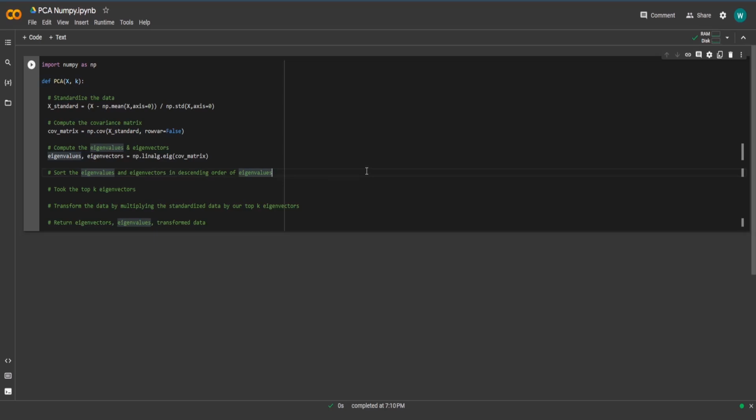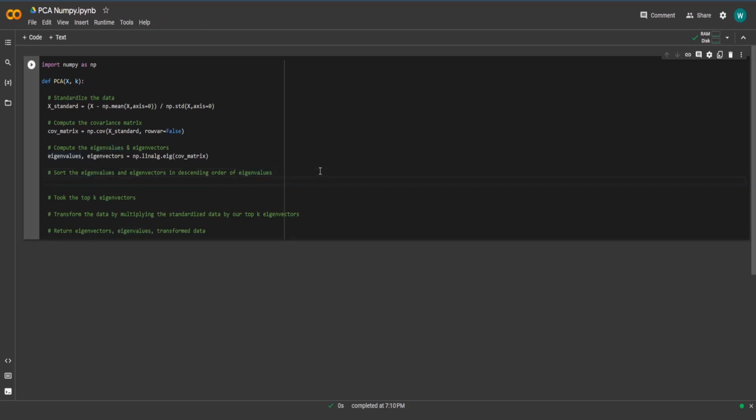Okay, so what we want to do now is sort the eigenvalues and eigenvectors in descending order of eigenvalues, right? So let's just access the indices first. Let's take the arguments that would put the eigenvalues in descending order, and this is what we will do. We're going to do argsort with -1.